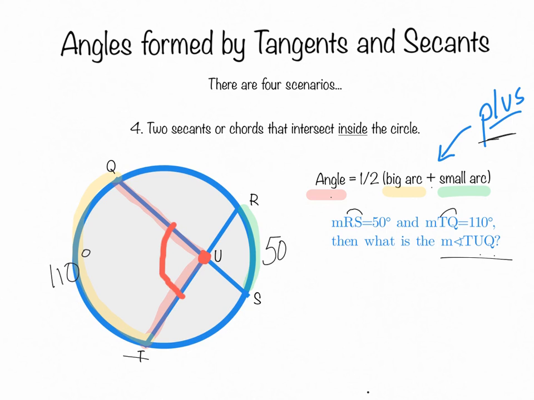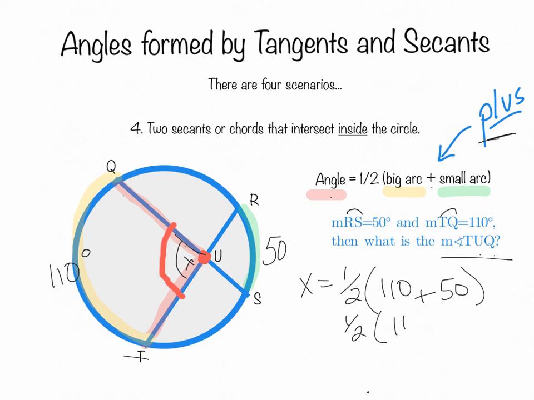Starting at T, going to U, and then to Q, this angle right here is going to be our X. So we do the formula. X is equal to half of big arc plus the small arc. So we get half of 160 is 80. So our angle is 80 degrees.